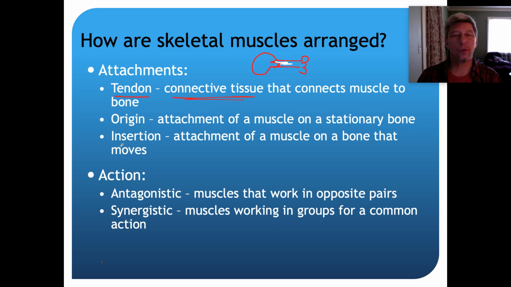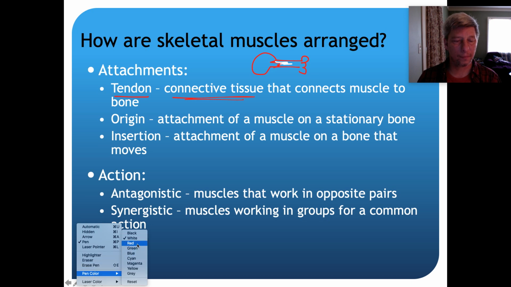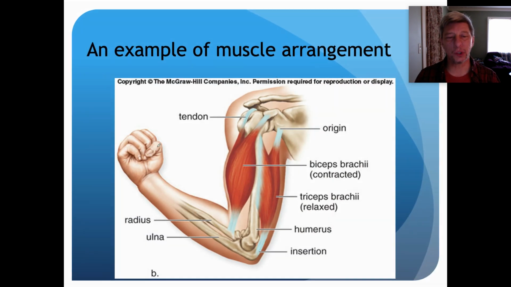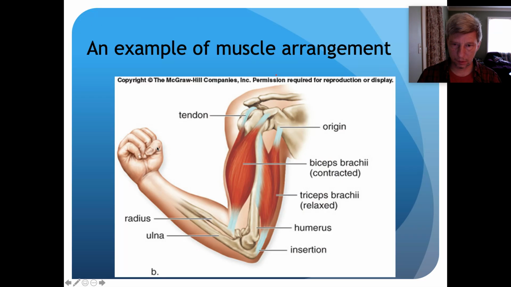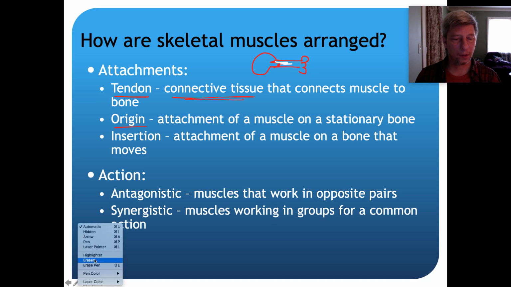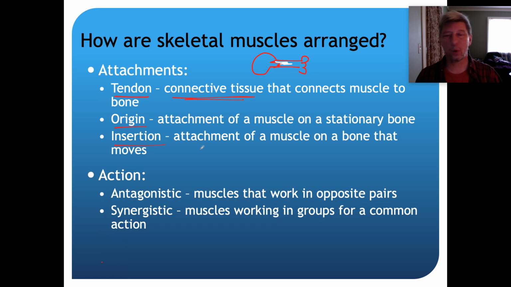Anyway, so in terms of these attachments, the origin is the point of attachment of a muscle on a stationary or more stationary bone, and the insertion is the point of attachment of a muscle on a bone that moves, okay?